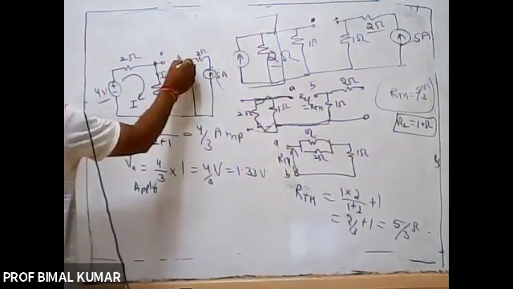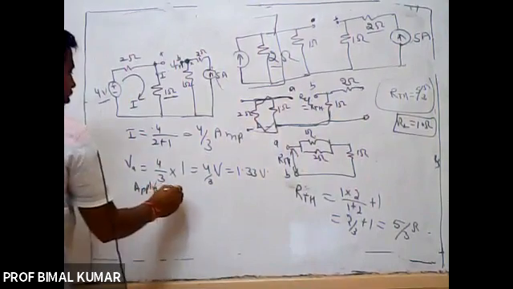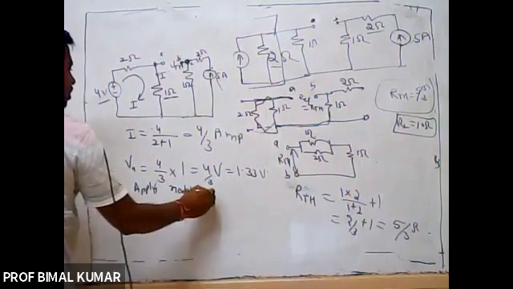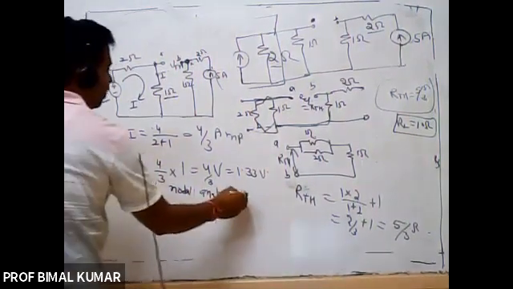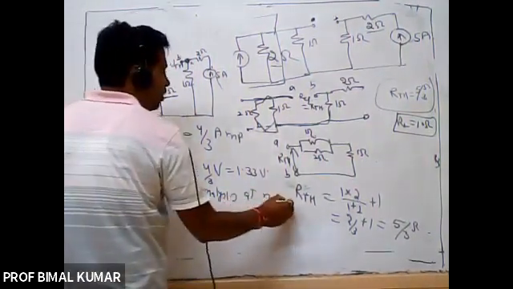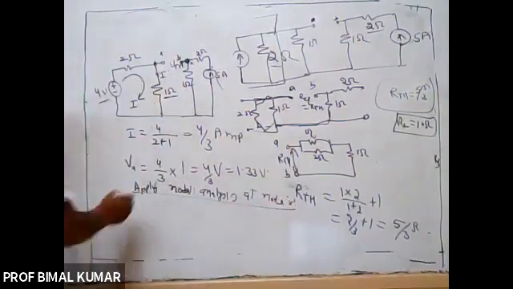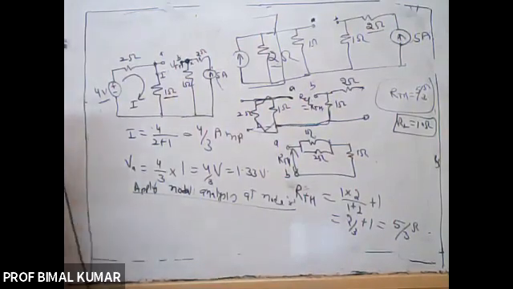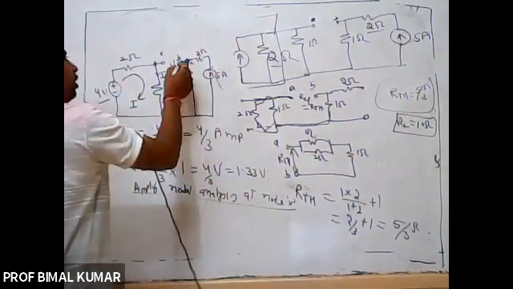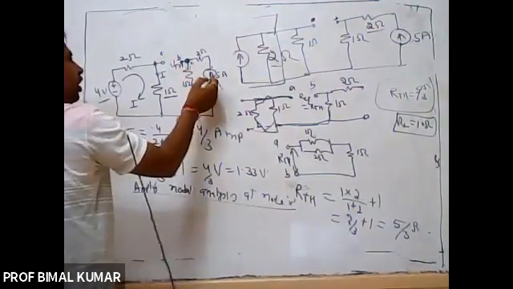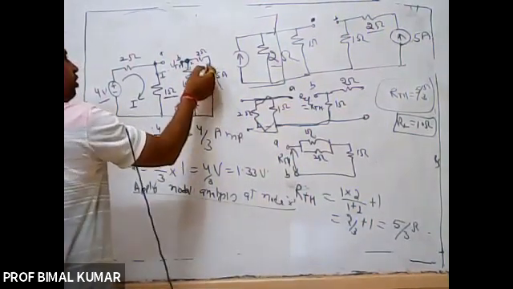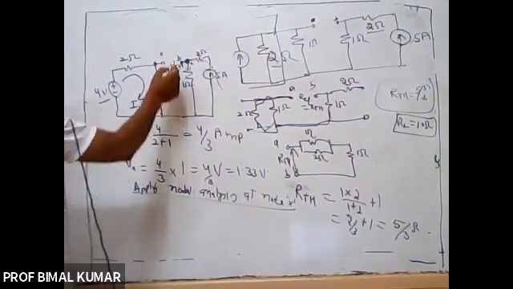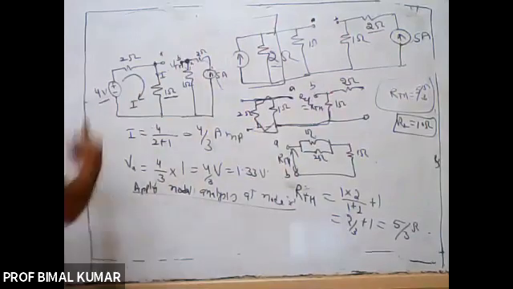Apply nodal analysis at node X, which means KCL. The algebraic sum of incoming current is equal to the algebraic sum of outgoing current. So here 5 ampere is incoming, and the same will be the outgoing current. On this side it will be open circuit.